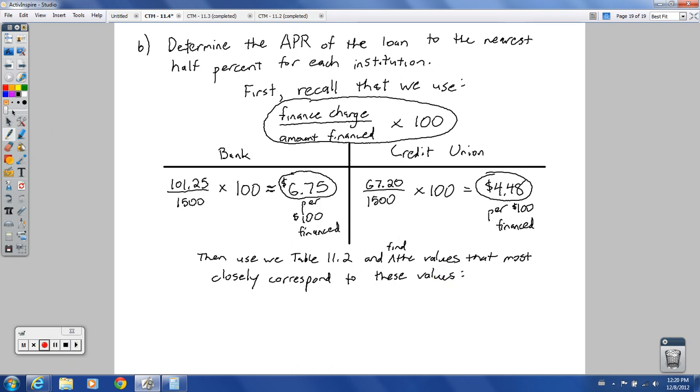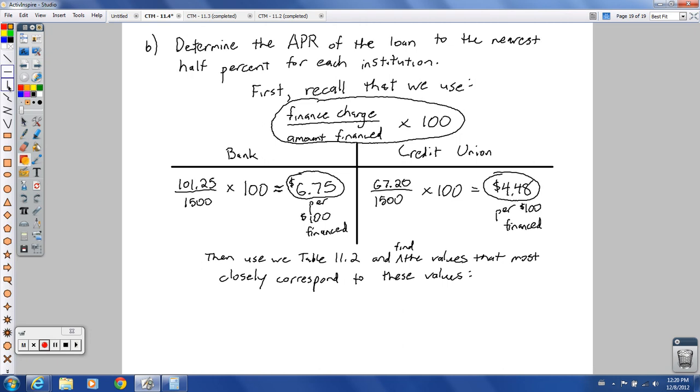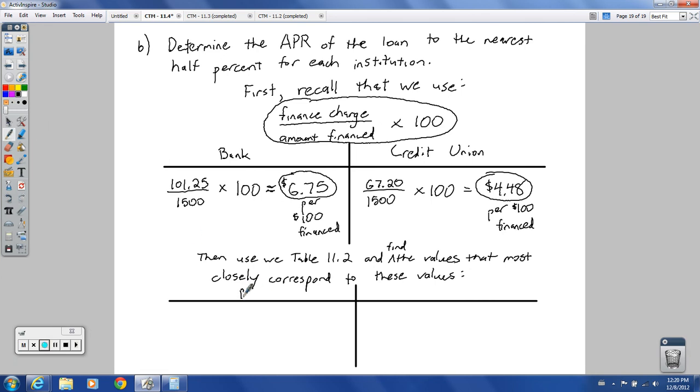So I'll make one more table. Bank here, the credit union here, and we got 6.75 per $100, and we have 18 monthly payments.